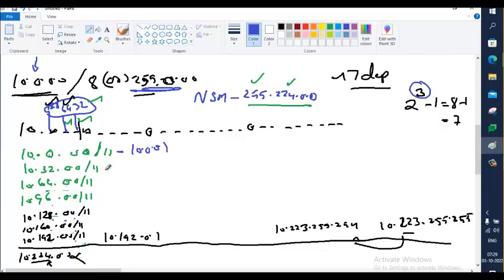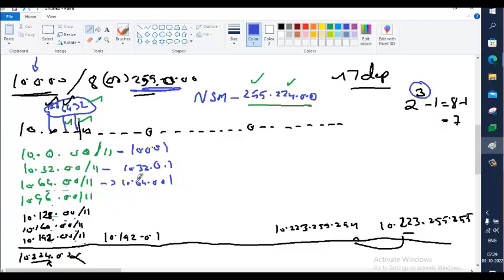For this, the first IP will be 10.32.0.1. For this, 10.64.0.1. Likewise it goes.